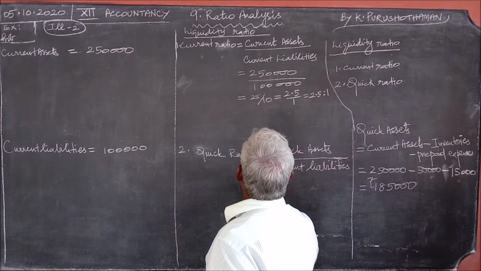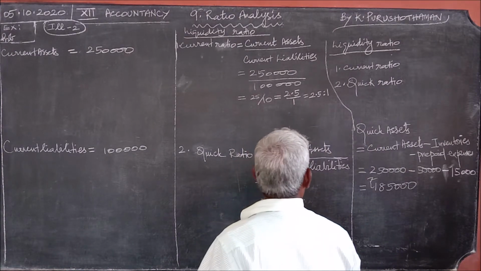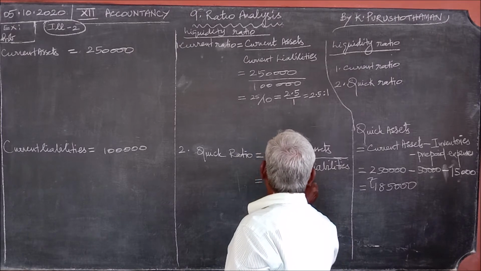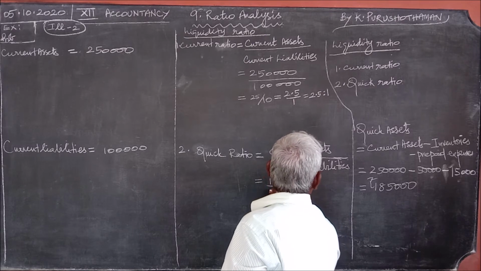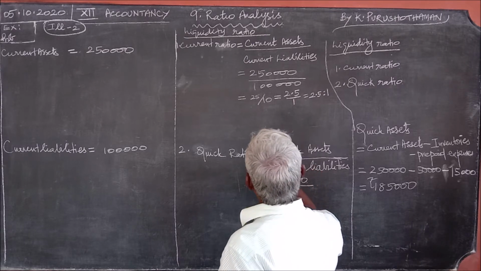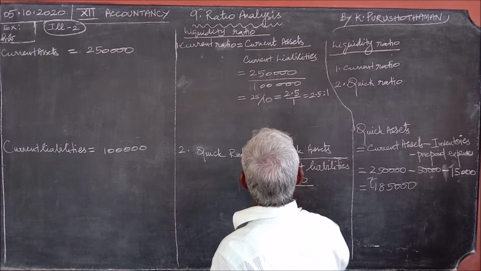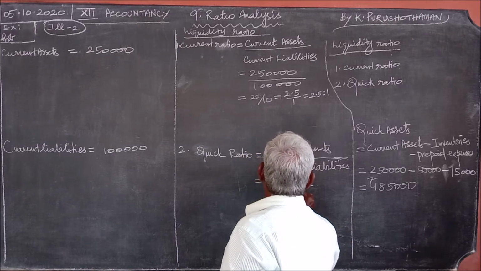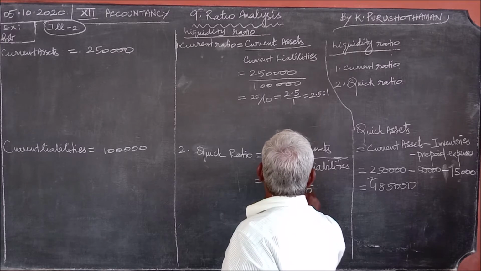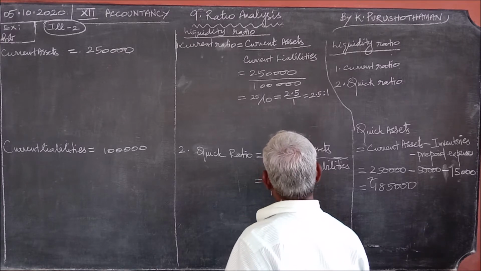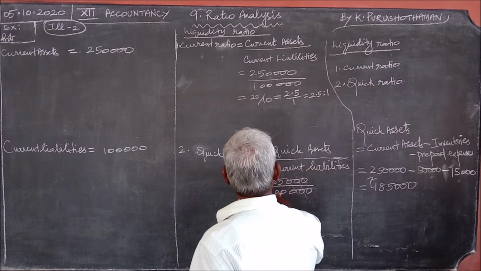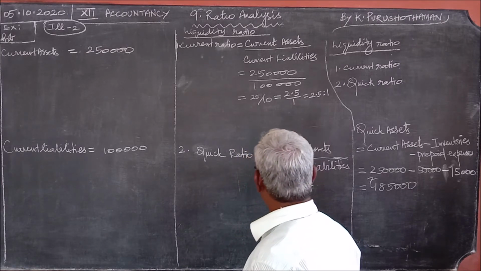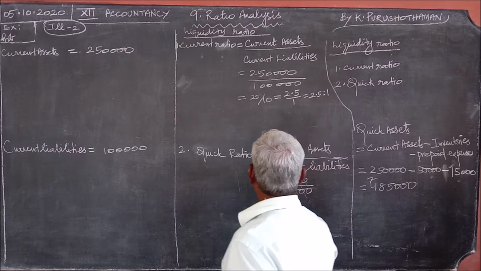Okay, now you come to the formula. This is equal to 1,85,000 by 1 lakh, the same current liabilities. 1 lakh it is given, therefore you write 1 lakh. 3 zeros cancel. Then if you divide by 10, you can put the point after 1 digit. If you divide any number by 100, put the point after 2 digits.